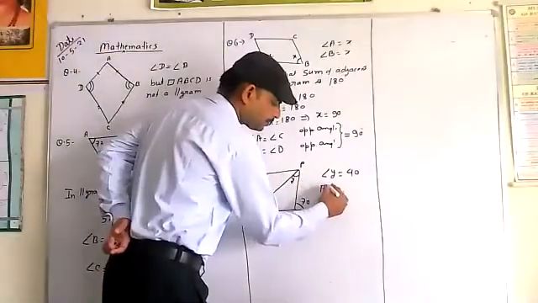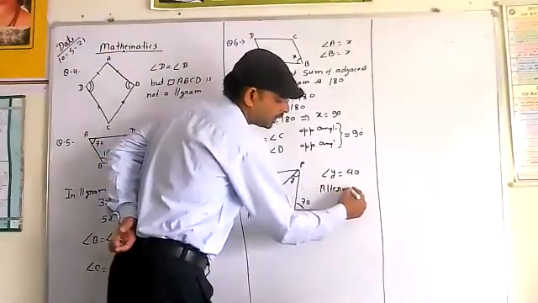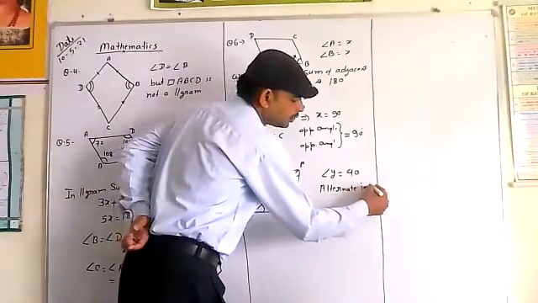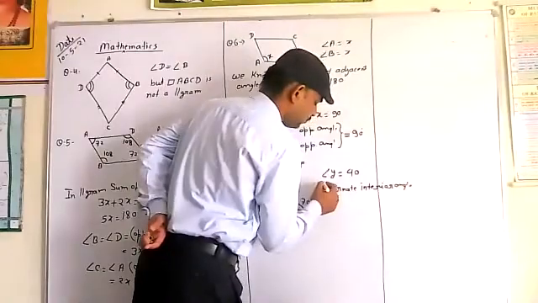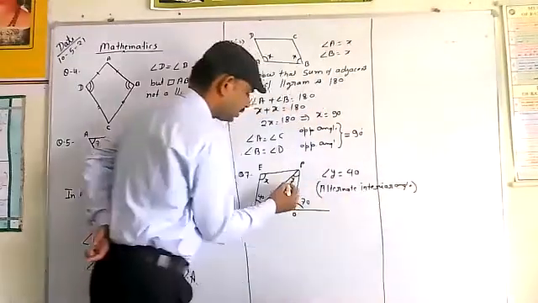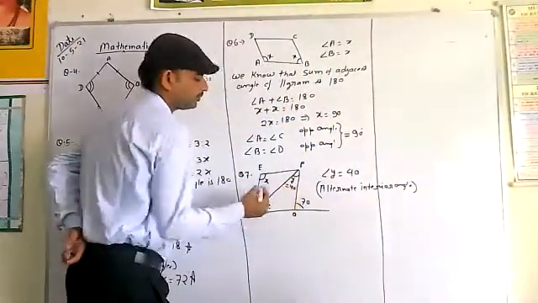So here by alternate interior angles, we find the angle y is equal to 40 degrees.